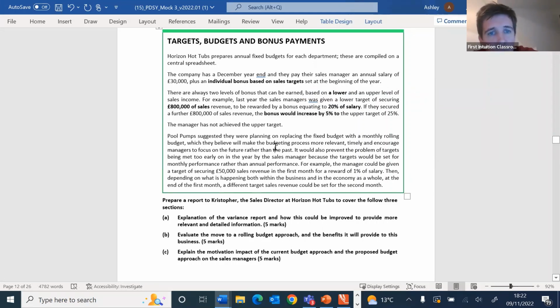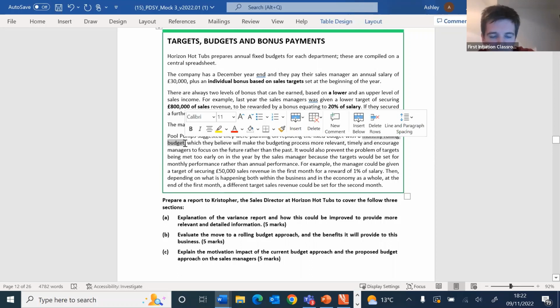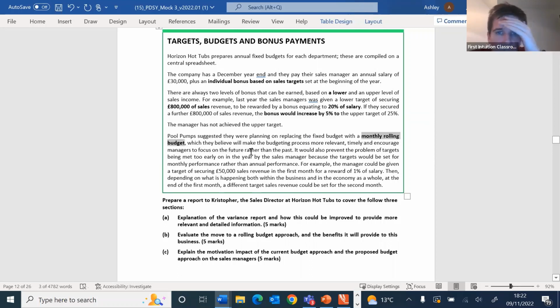The manager hasn't achieved the upper target, and they're thinking about changing it. So they're thinking about replacing this with a monthly rolling budget. And the bonuses based upon that would be related to targets set on monthly performance rather than annual performance. So you'd be appraising a manager on what they do monthly.